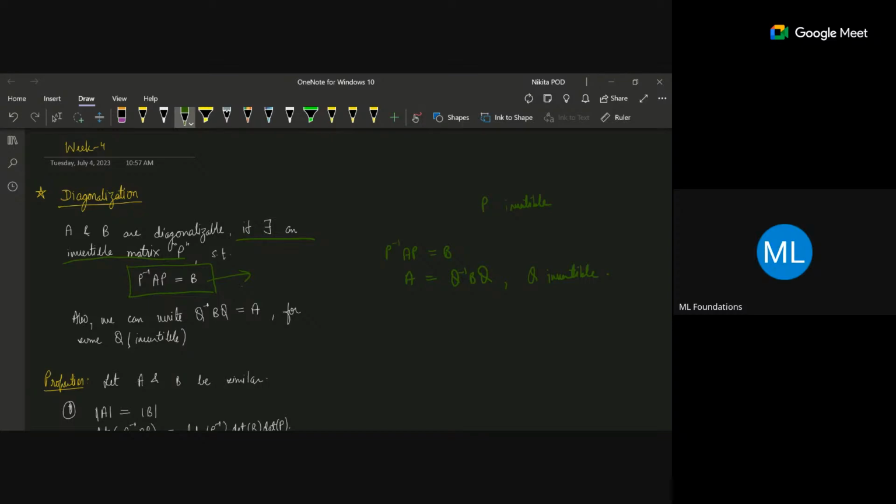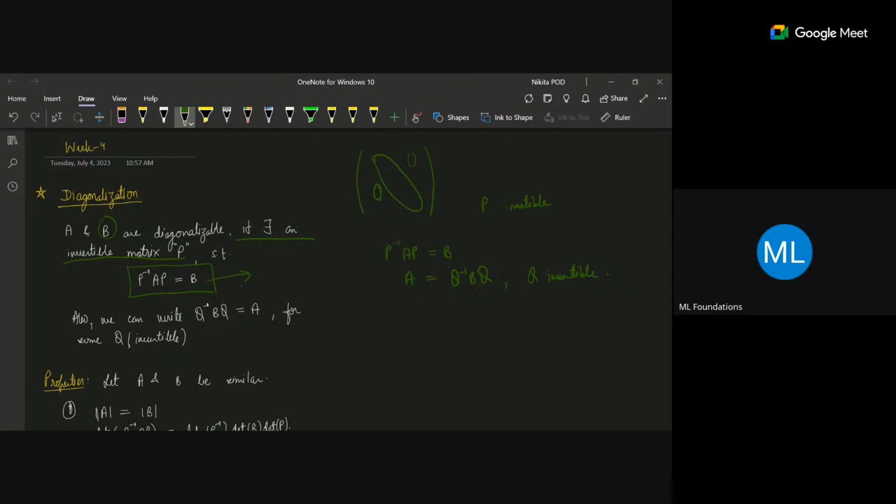This is just a general definition of what we mean by two matrices being similar. Here B is any general matrix, but we will talk about a special kind of matrix, which is a diagonal matrix. How does a diagonal matrix look? A diagonal matrix has elements only on the diagonal entries, and the rest will be zero, right? So this B we are talking about in general, but let's say we have a diagonal matrix.